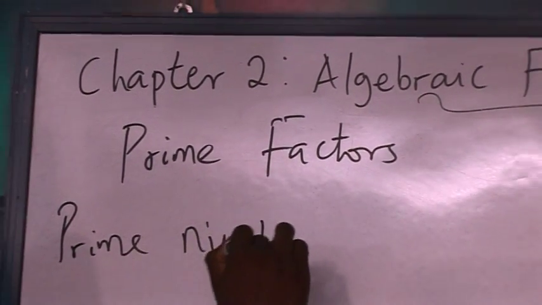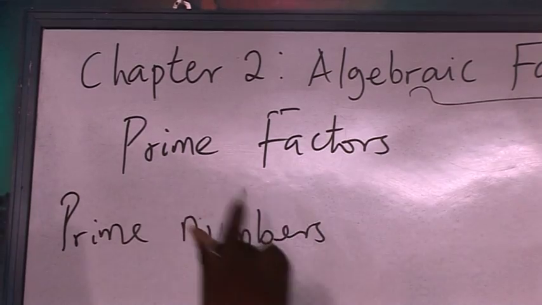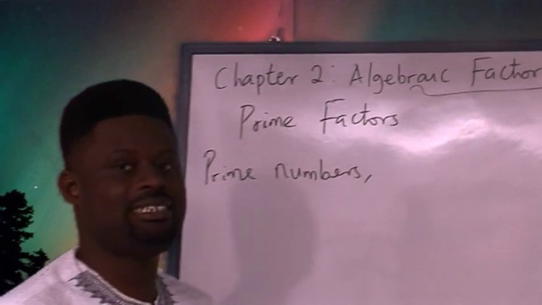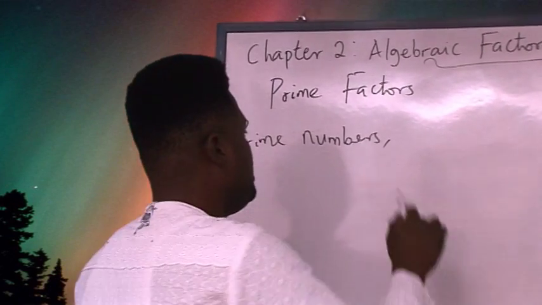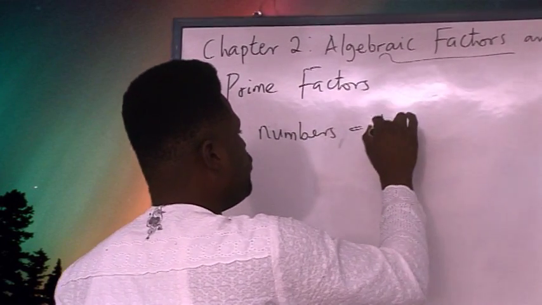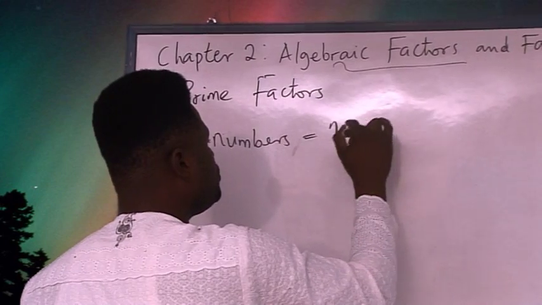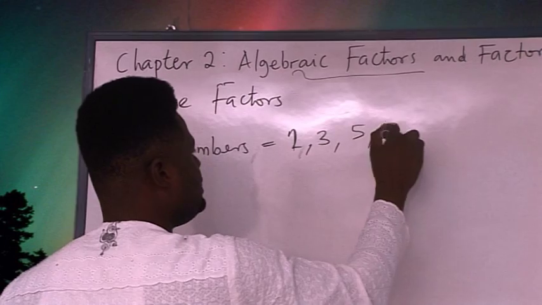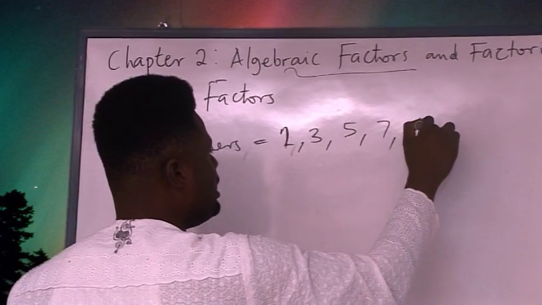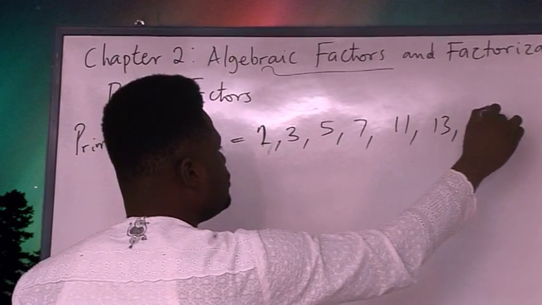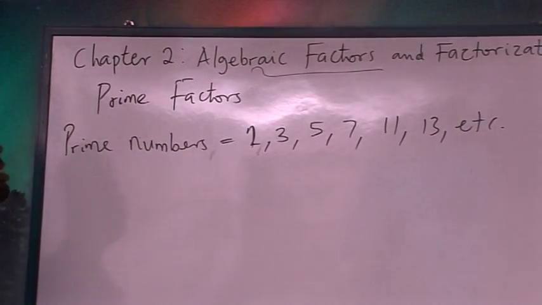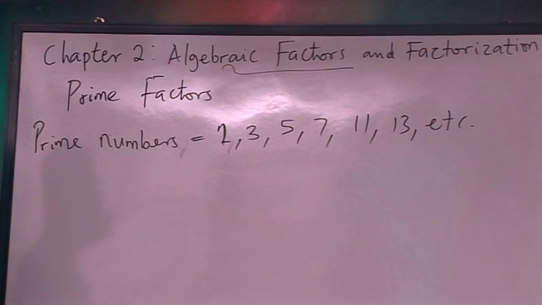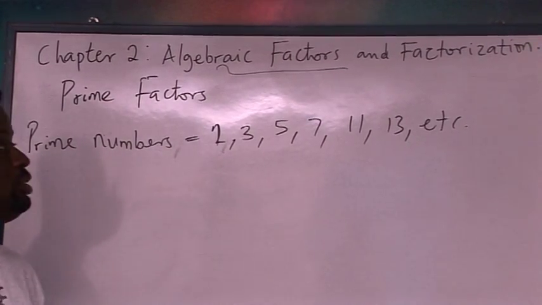Prime numbers are numbers that can only be divided by themselves or 1. Examples of prime numbers are 2, 3, 5, 7, 11, 13, and so on. These numbers can only be divided by themselves or 1. No other number can divide 2. Only 2 can divide 2.